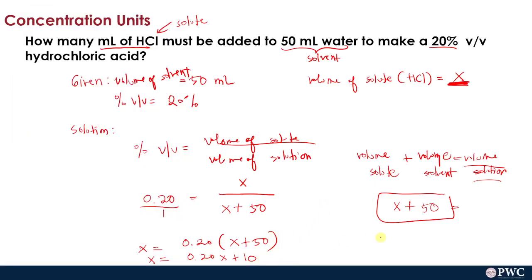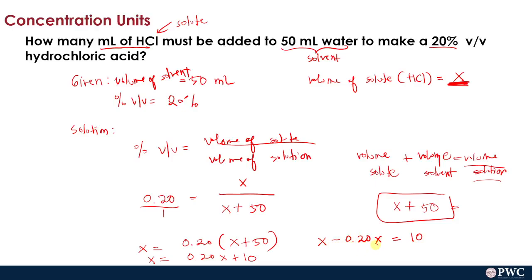Then after that, what should we do? We are looking for the value of X, so we can transpose this to the other side. That's X, then positive 0.20X, and if we transpose this to the other side, it becomes negative 0.20X. What's left on the other side is 10.